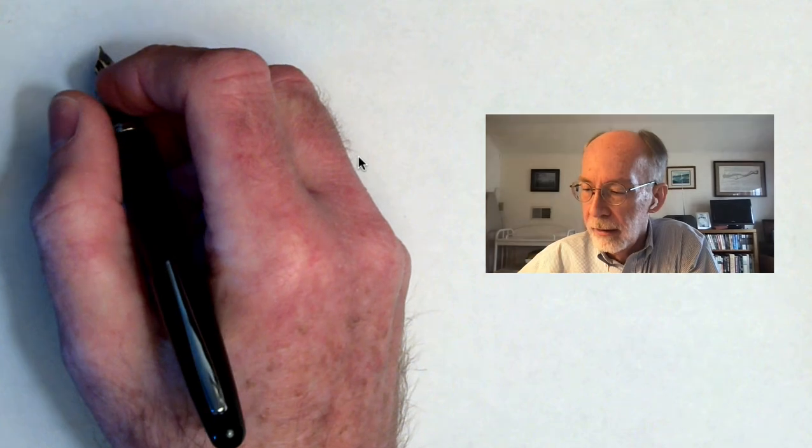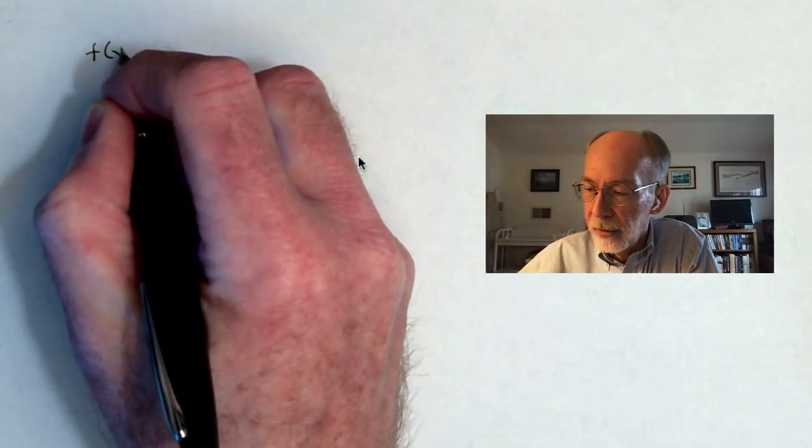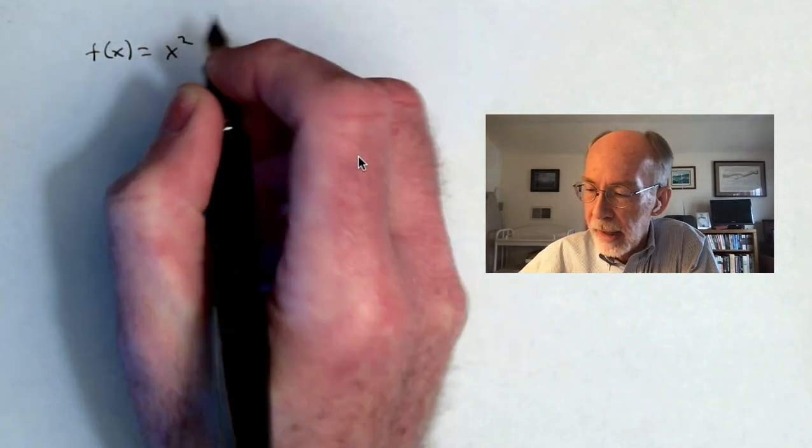Our final task will be to verify that the derivative of f of x equals x squared plus 3x is in fact 2x plus 3. And so I'll write down our function, f of x equals x squared plus 3x.